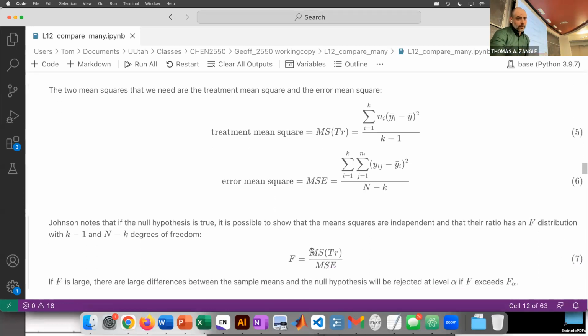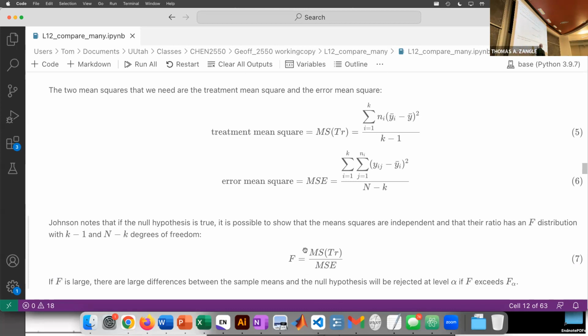And then our F statistic is the ratio of those two. Our F statistic is telling us something about how large the difference is between the means of each grouping relative to the variation that we observed within each grouping, or the spread within each grouping.